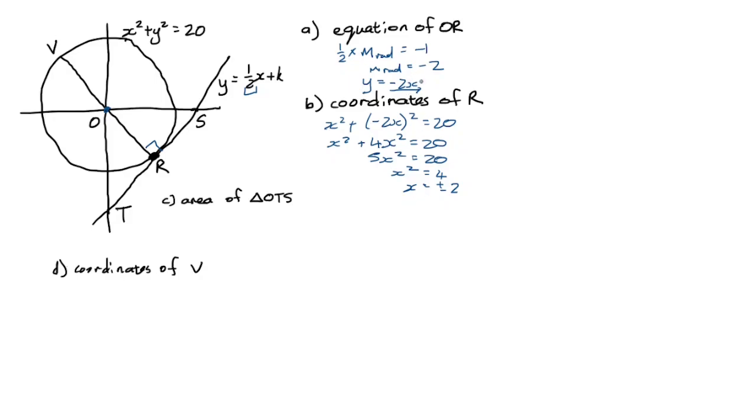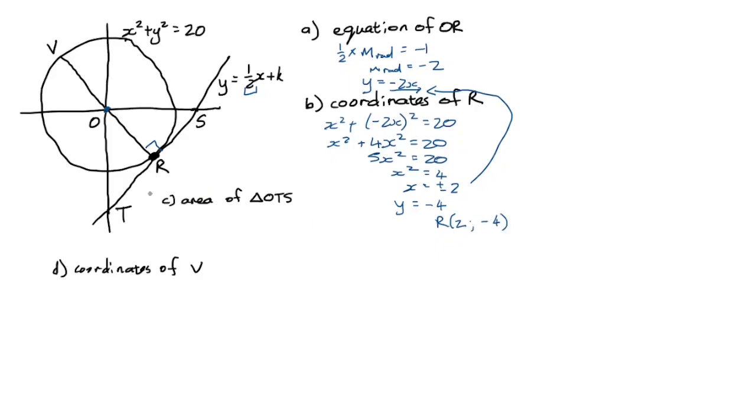So I'm going to substitute into this equation here to get the y value. And so y equals positive or -4, but looking at where R is, it's -4. And so the coordinates of R, you always want to finish with what the question was asking, would be +2 for x, -4 for y.